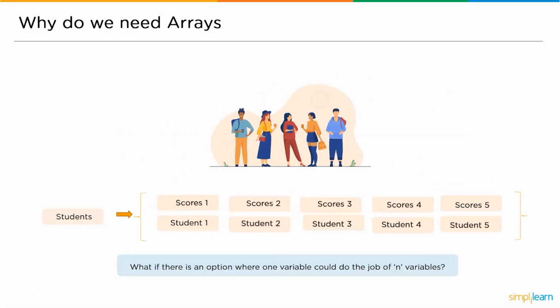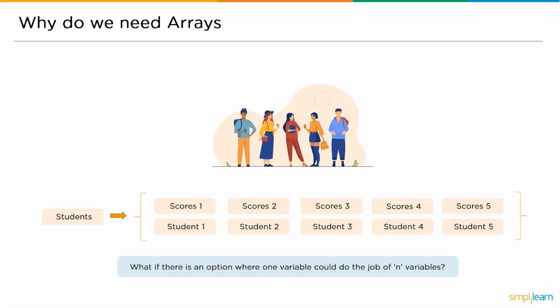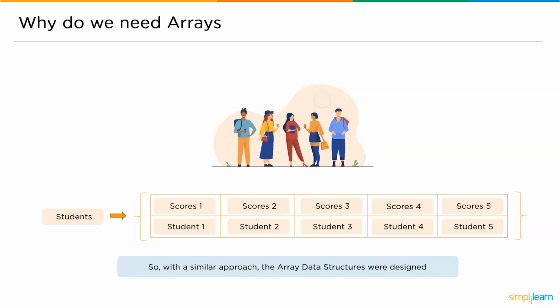So what if we had one variable which could store all the 5 students or 500 students or 5,000 students all together and make it really easy for us to apply some operations collectively on all the students, right? This sounds a little bit logical. Similarly, we do have a data structure which can collectively store all the data elements in it as a single variable.